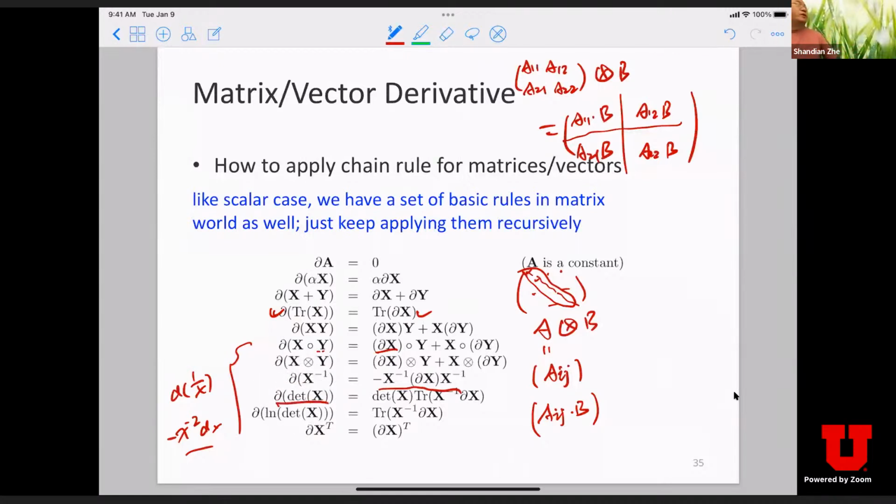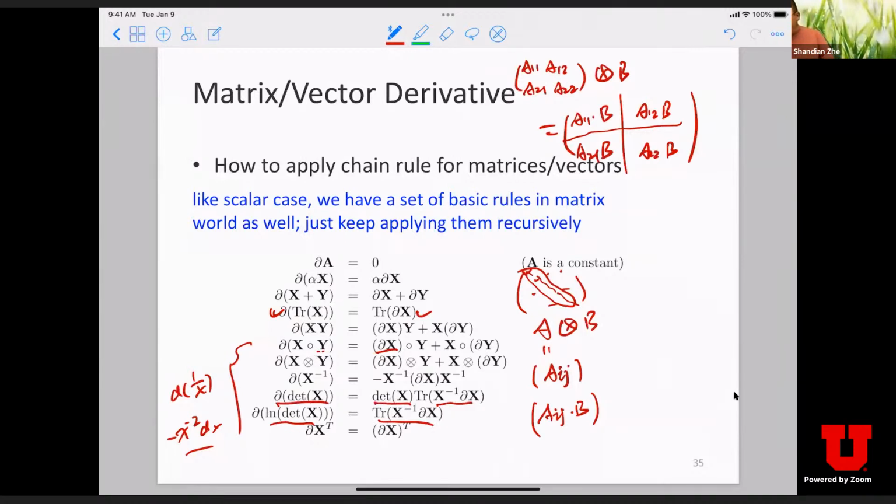And what is the derivative of the determinant of x? Another result: the derivative of the determinant of x is the determinant of x itself times the trace of x inverse times dx. And if you want to compute the derivative of the log determinant of x, it is the trace of x inverse dx.